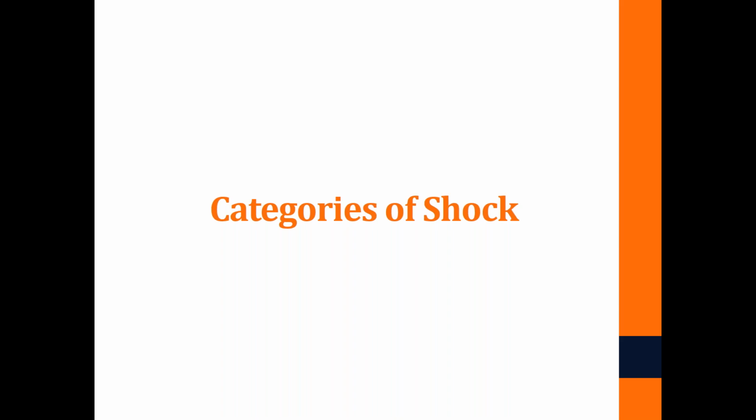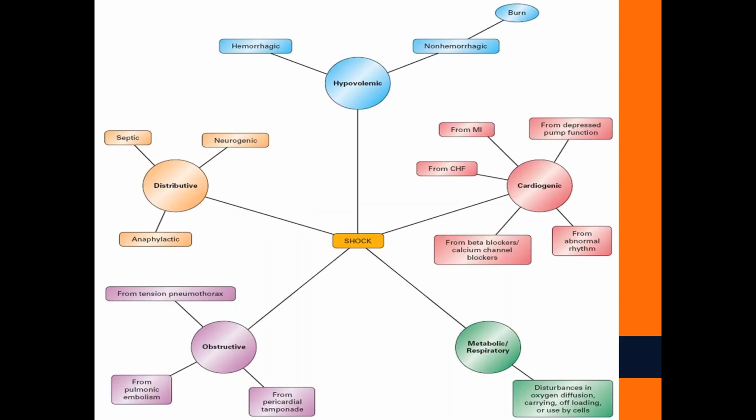So now let's talk our different categories of shock. This is a very loud picture, but it works because all of this stuff leads right back to the middle. We're going to talk shock. We'll start at the top, noontime. We have hypovolemic shock. Hypovolemic shock is either going to be hemorrhagic, so the result of a bleed, or non-hemorrhagic.